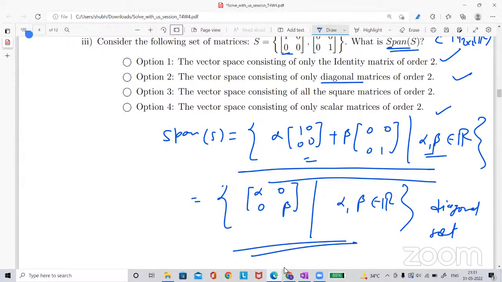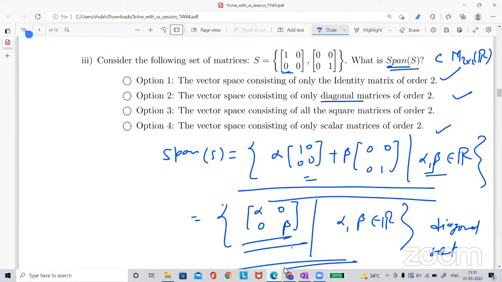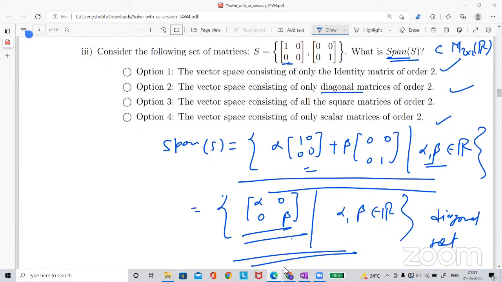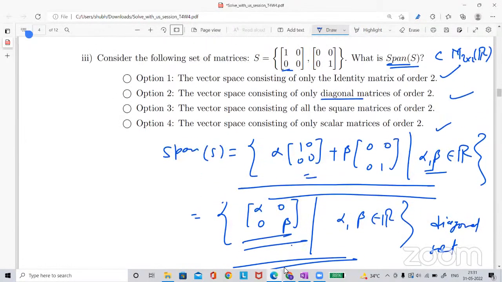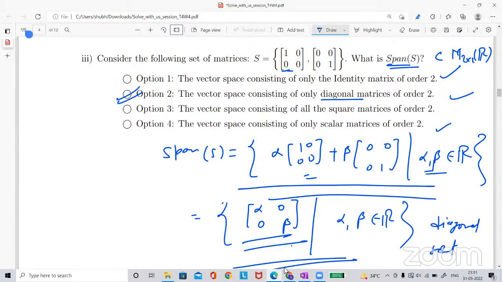Sir, only option 2, I thought. So in that case, only option 2 is correct. Is it clear to all of you, what I'm writing for the span in this form? Yes, sir. So the answer is only 2, sir? Yes, because all the other options are subsets of option 2, and they are not the span because they don't contain all the vectors.